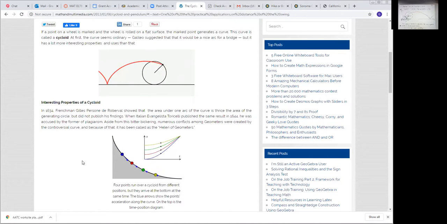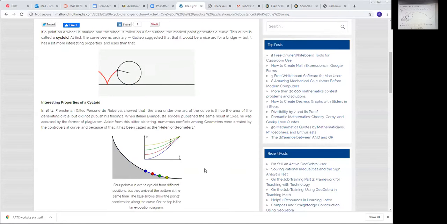But an interesting property of the cycloid, if you can see this illustration here: if a ball was rolling down a cycloid, if you turn that graph upside down, no matter where the ball starts, all of these are going to reach the bottom in the same time. That would not be true if you were rolling a ball down, let's say, a parabola or even half of a circle. This is a property of the cycloid.